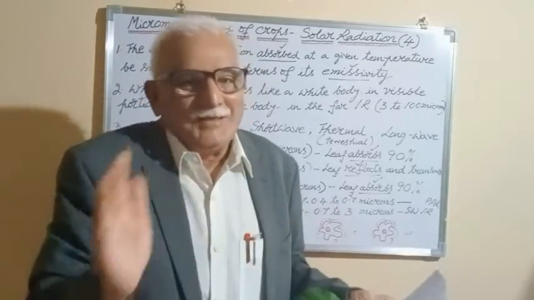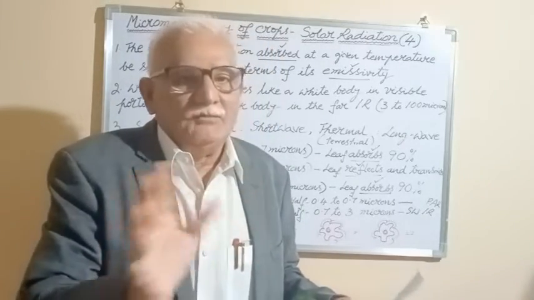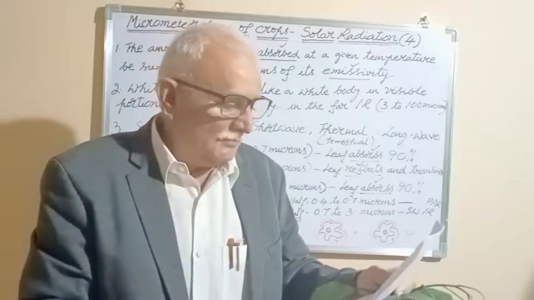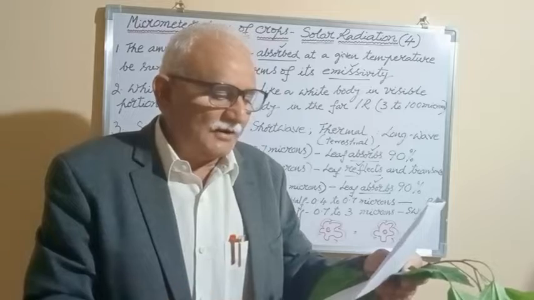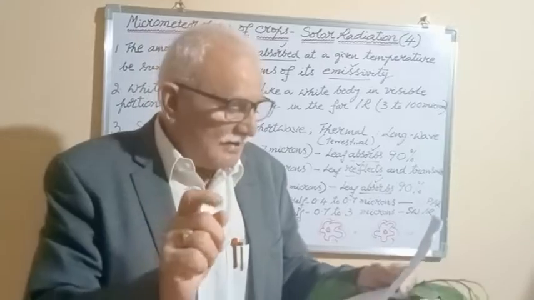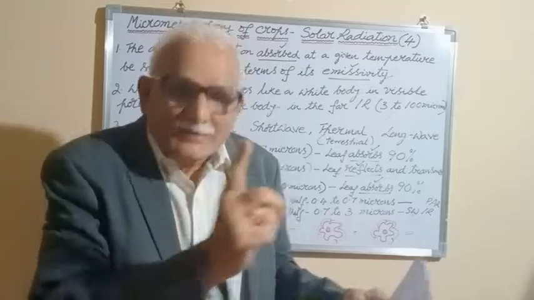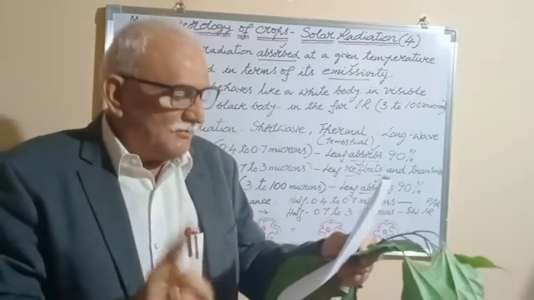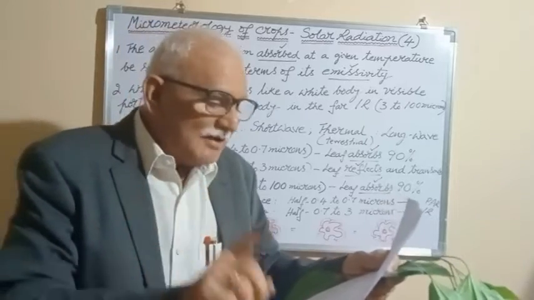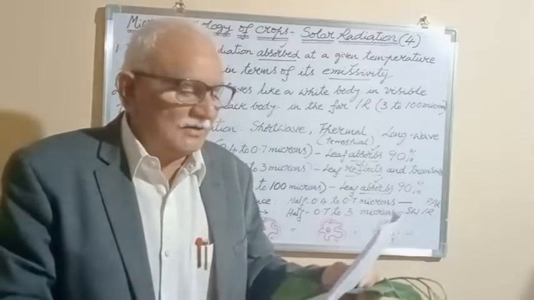But crop physiologists and other physical scientists may slightly differ in one or two words that I am using. As far as agricultural meteorology is concerned, a perfect white body would reflect all the incident radiation and have an emissivity of 0. However, as I said, white paint, which behaves like a white body in the visible portion of the spectrum, behaves like a black body in the far infrared region of the spectrum. This is what I would like to say.